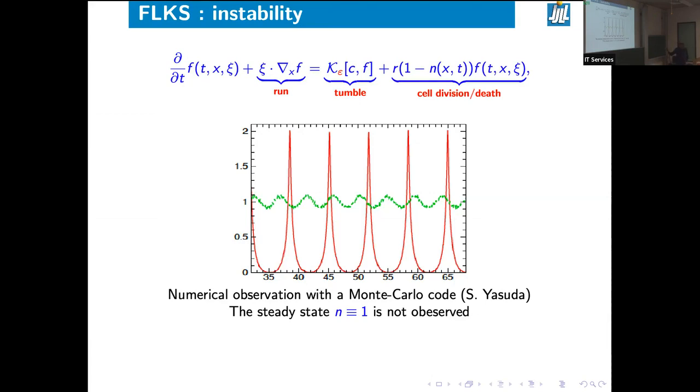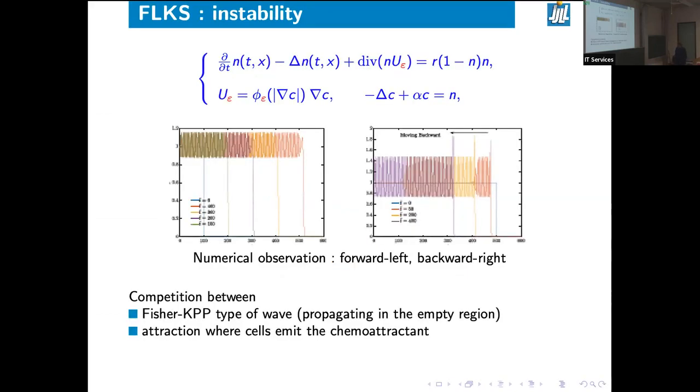But with this number of particles, he could get very precise Monte Carlo solutions, which are not fluctuating, but which exhibit this instability.